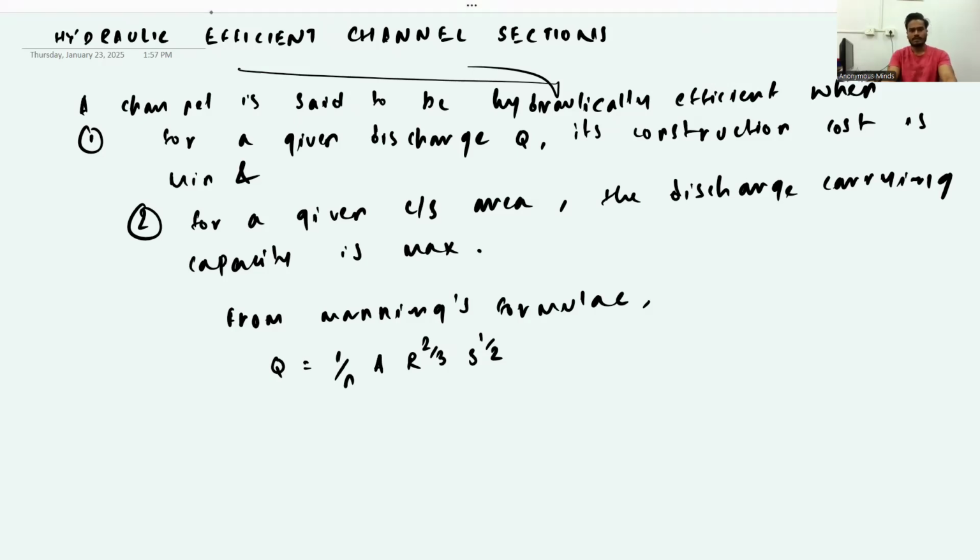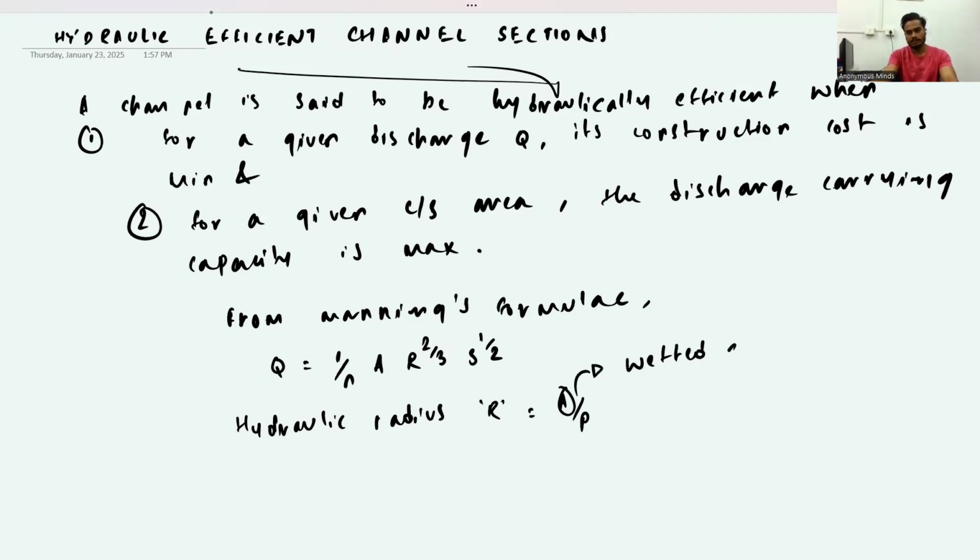So I can write hydraulic radius R is equal to A upon P, where A is the wetted area and P is wetted perimeter.